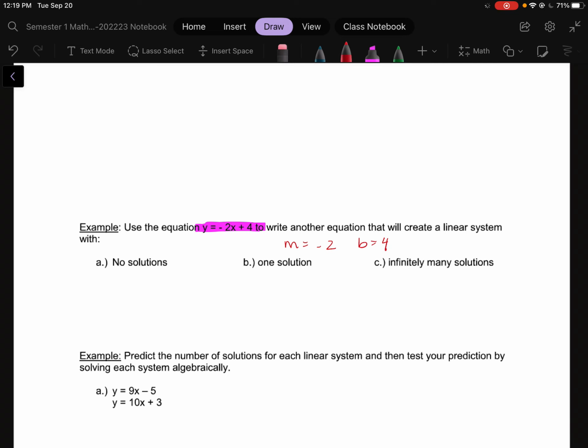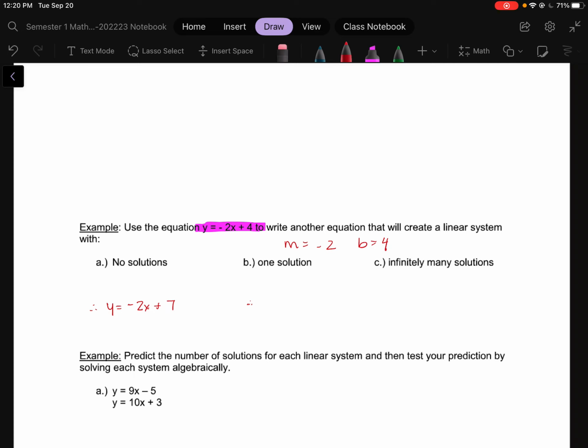If we have no solutions, that means we have the same slope and a different y-intercept. So our y is going to have the exact same slope, which is -2x, but a different y-intercept. We can say a number like 7. Next, we have one solution, which is a different slope, and then we can have the same or different y-intercept.